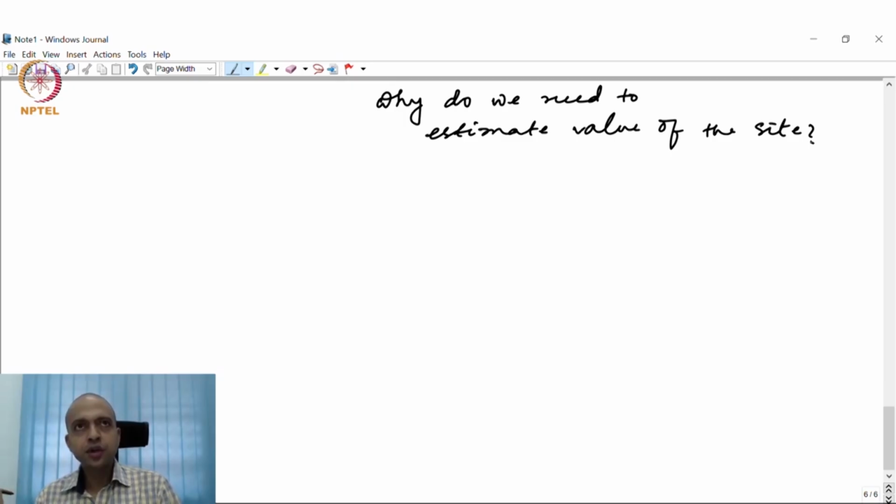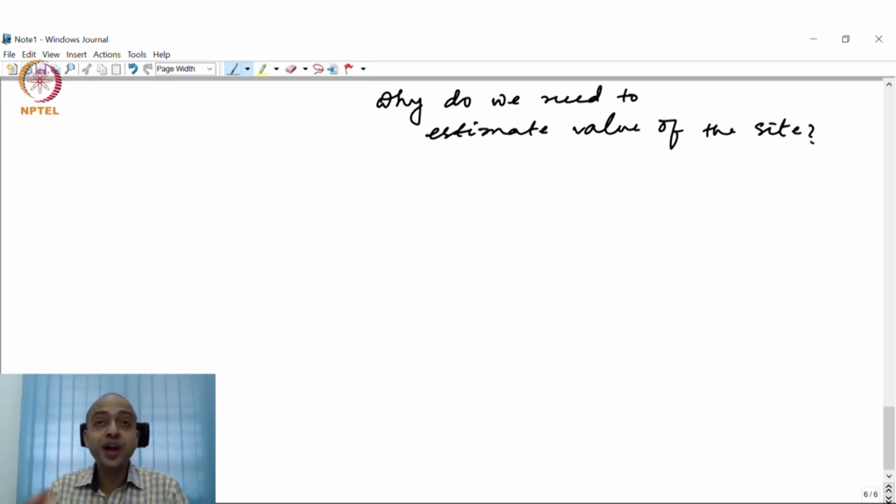For example, in that natural site, it is possible that the local authority might be thinking to build a 5-story building or a shopping complex or a flyover. Before building that, what we need to know is the cost and benefit of converting that natural site into some other developmental activities.